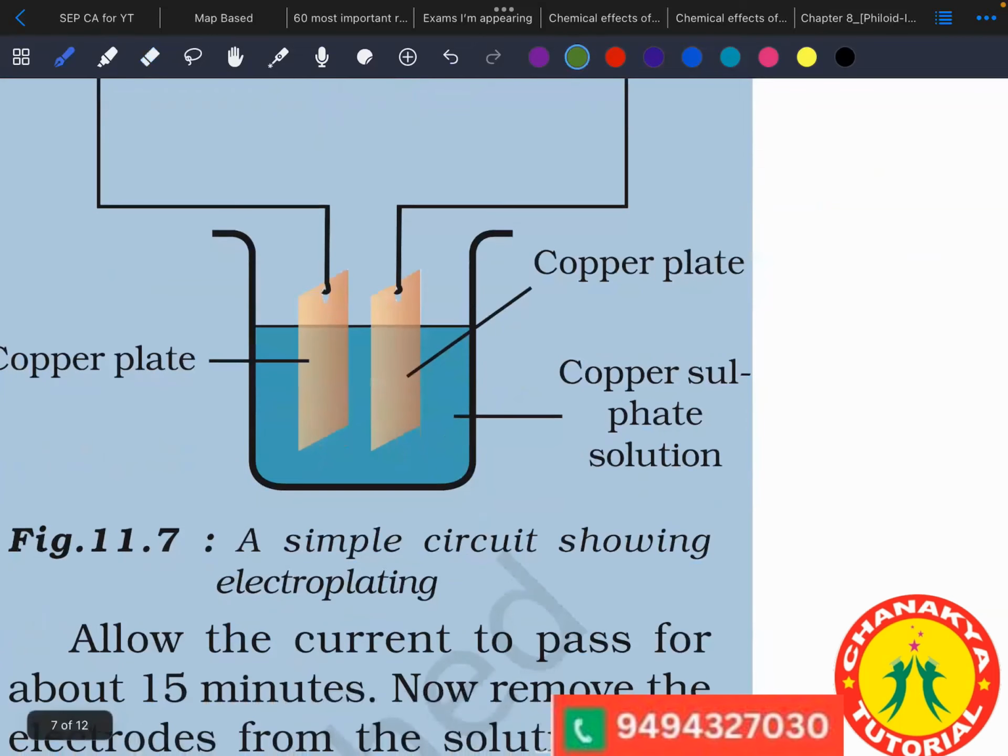And can you tell me why the copper plate on the positive terminal loses its size? Because the copper from that plate is transferred to the other plate. Yes, correct. So basically, all of the copper is getting deposited on the negative plate.